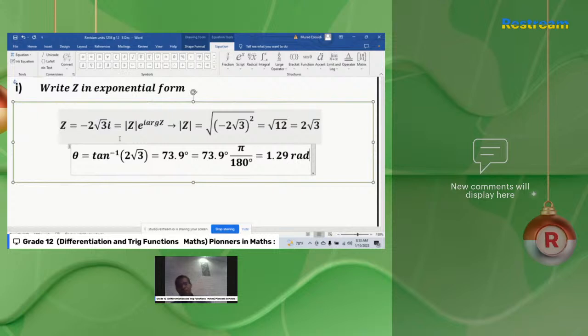Just a moment. For this kind of questions, I will just write this as 3 pi over 2. Therefore, learners, I will just explain this for you.